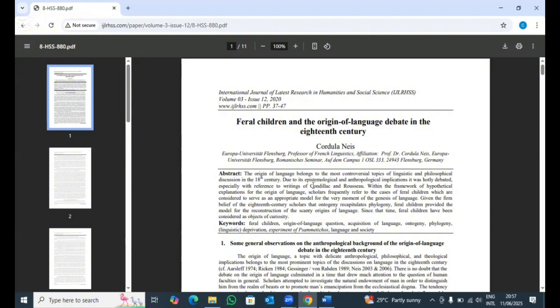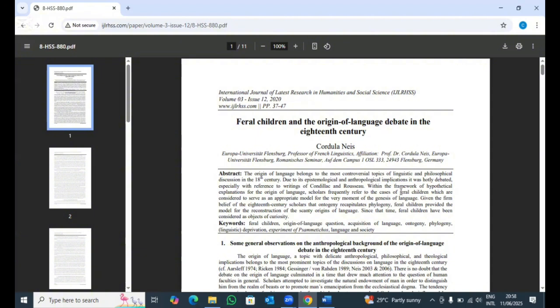It says the origin of language belongs to the most controversial topics of linguistic and philosophical discussion in the 18th century. Due to its epistemological and anthropological implications, it was hotly debated, especially with reference to writings of Condillac and Rousseau.